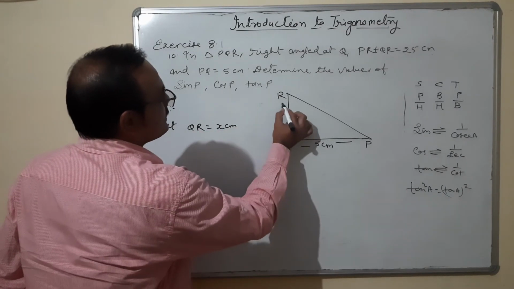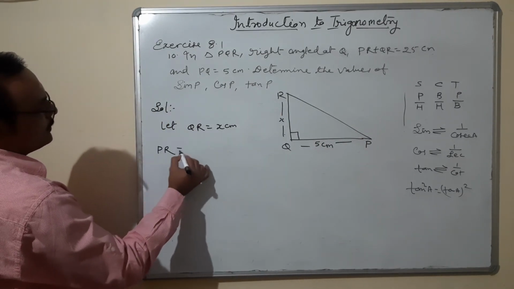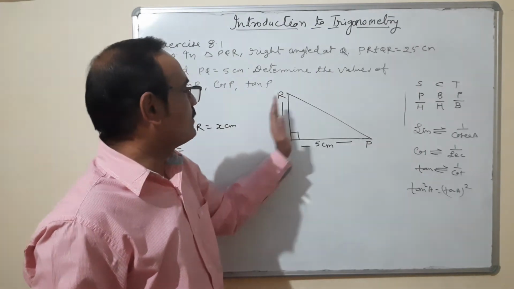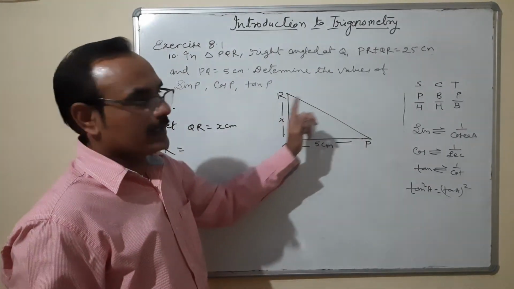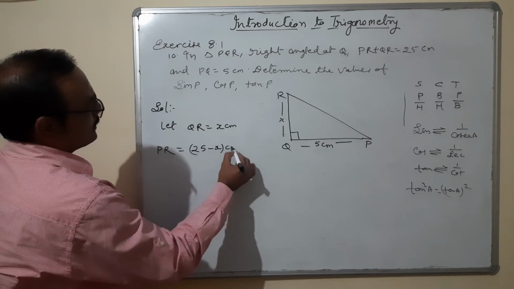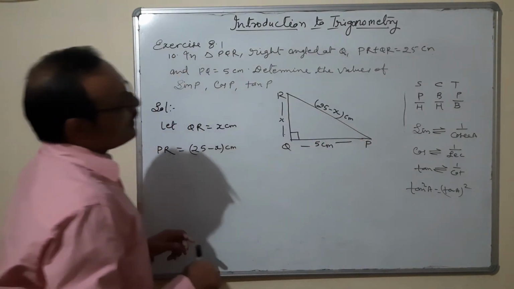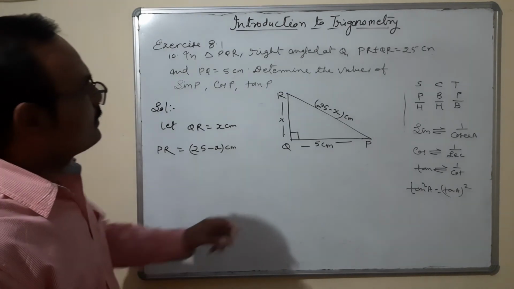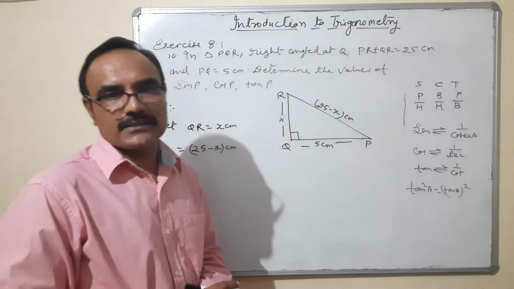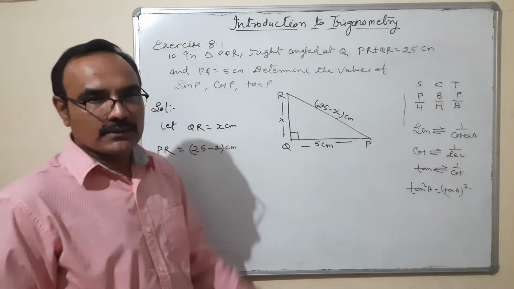If QR is x centimeter, then PR is equal to 25 minus x centimeter, because the sum of these two sides is 25. So the three sides are PQ 5 centimeter, QR x centimeter, and PR 25 minus x centimeter. First of all, we have to find the value of x. Only then we can find the other two sides.